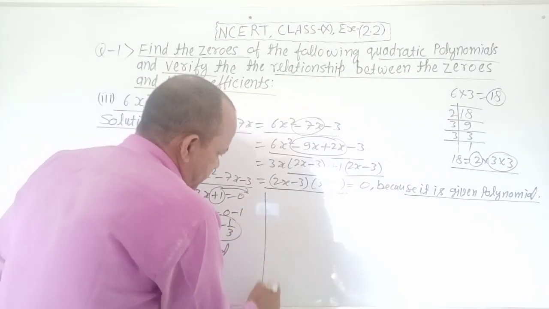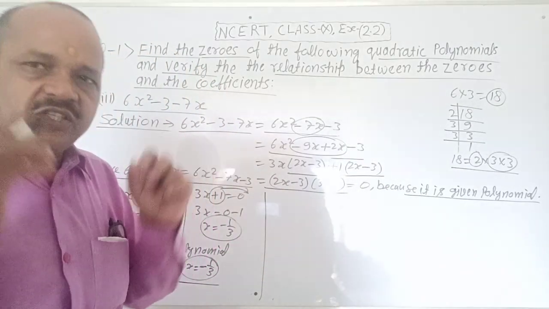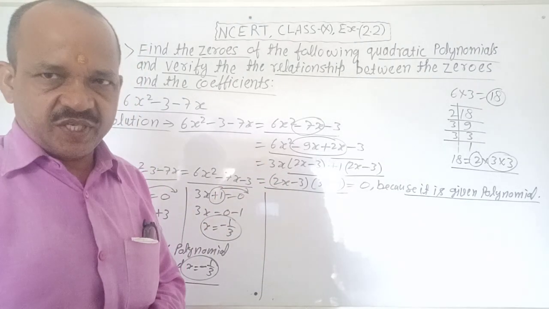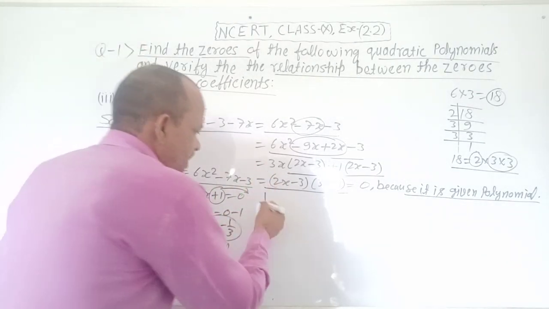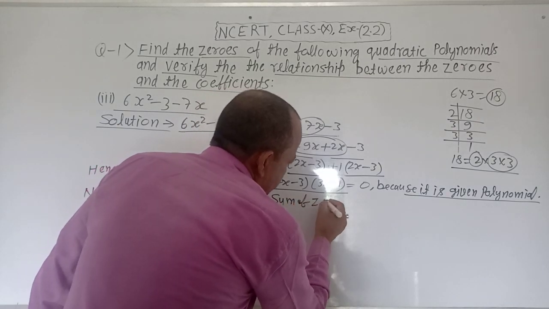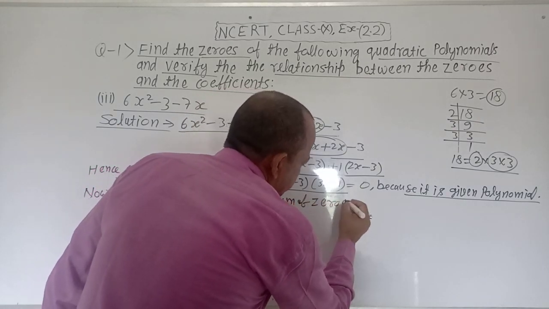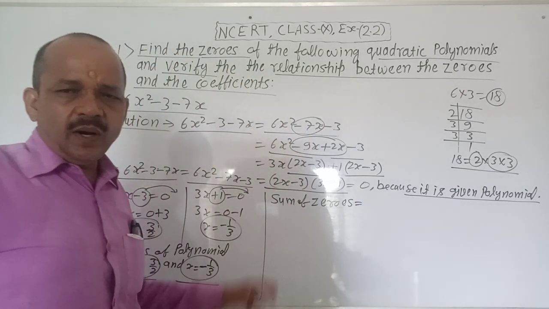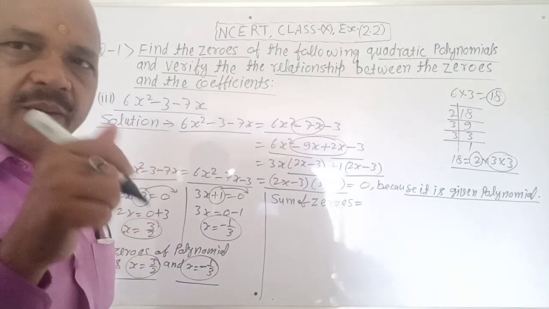Now I want to describe about relationship between zeros and coefficients. Clear? Sum of zeros equal to alpha plus beta.